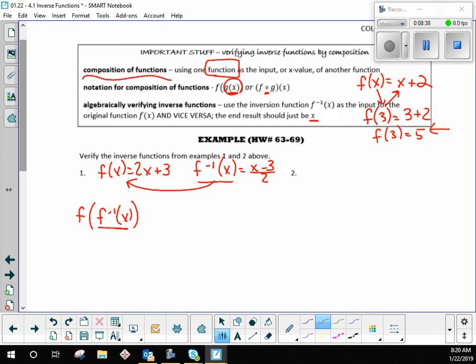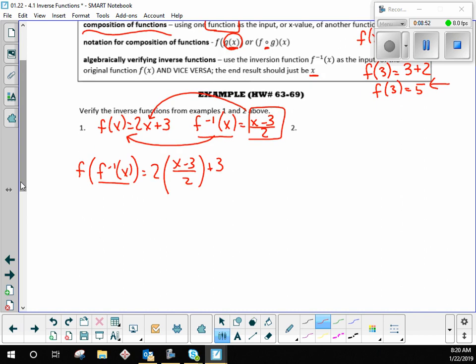Okay, that's my input. Which means I'm taking x minus 3 over 2 and plugging it in here for x. So I've got 2 times x minus 3 over 2 plus 3. The 2's cancel, leaving me x minus 3 plus 3, and the 3's cancel, leaving me just x. So that's check 1, that was correct.